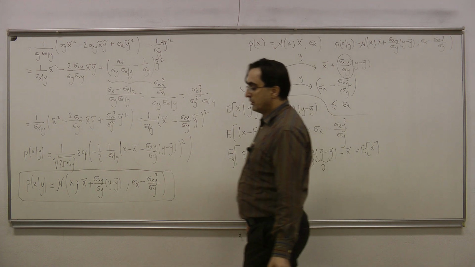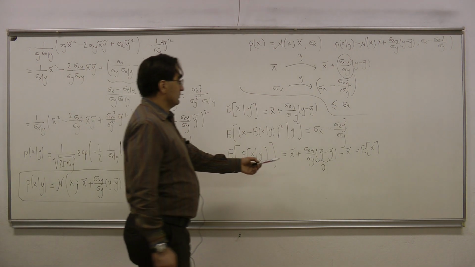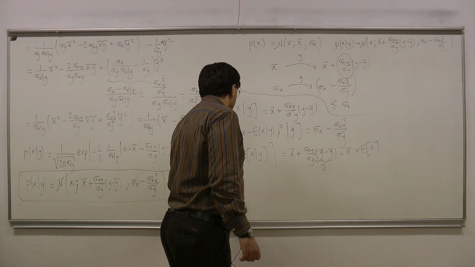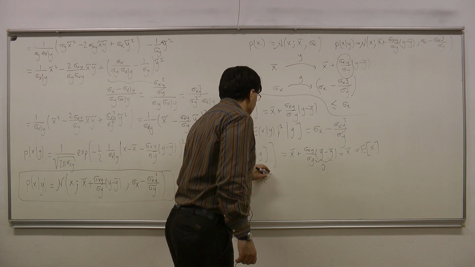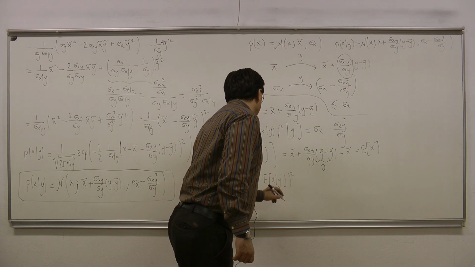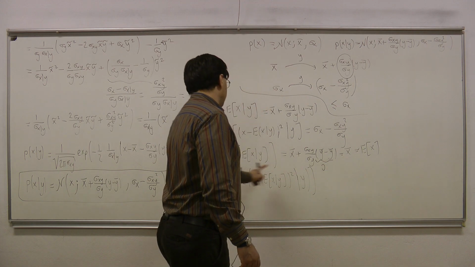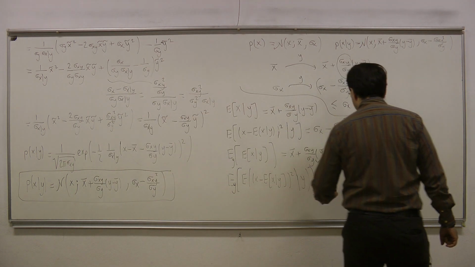It doesn't depend on either x or y. So if I take the expected value with respect to y of the expected value of x minus the expected value of x given y, squared, given y, this expectation is with respect to y. It's going to be the same.